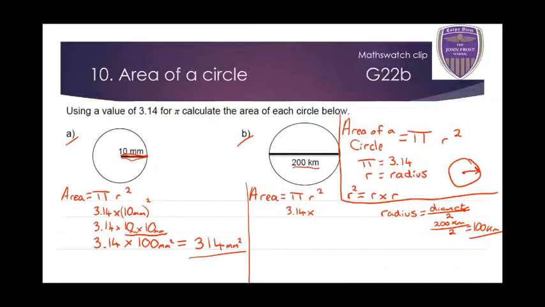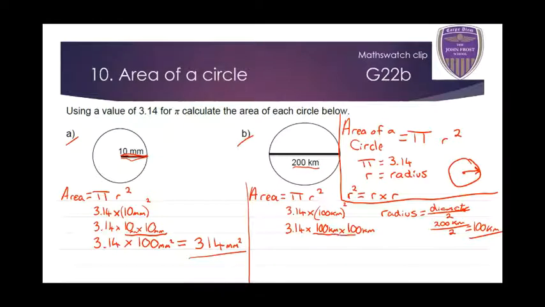So I need to do 3.14 times 100 kilometers squared. Now remember, when we square it, we have to times it by itself. So let's rewrite this again. So 3.14 times 100 kilometers times 100 kilometers.